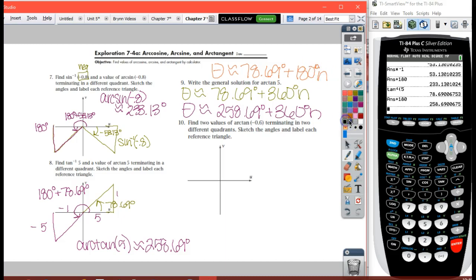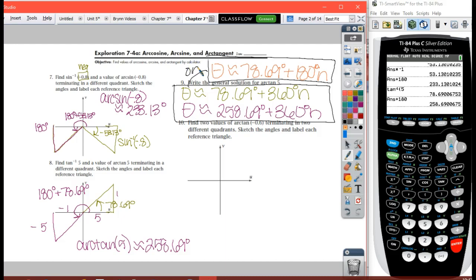So you either could write both answers and add multiples of 360, or just one answer and add multiples of 180 over and over and over again to get infinite answers. So one or the other is how you would write your general solutions.